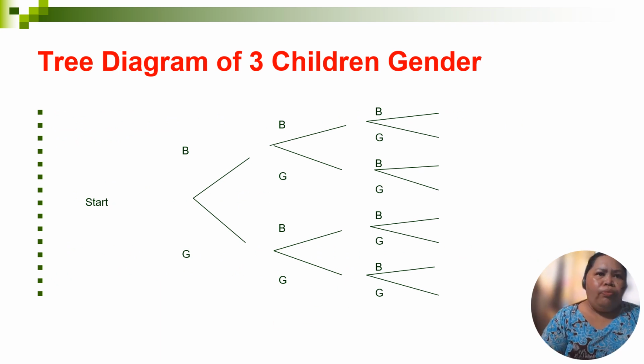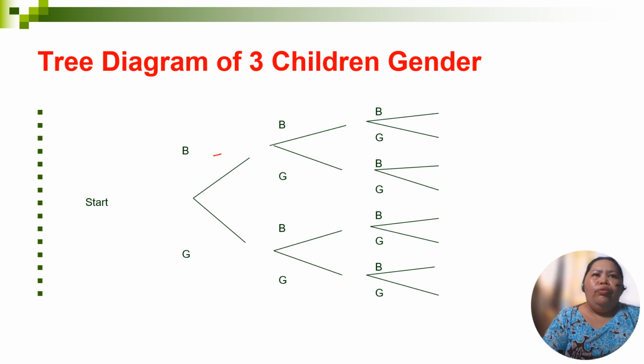As you can see here, we start from the boy and girl. So we have boy, girl, then from boy we branch out again, boy and girl here, boy and girl. And of course from here, because there are three children, we have boy and girl also. And then we partner all of it.